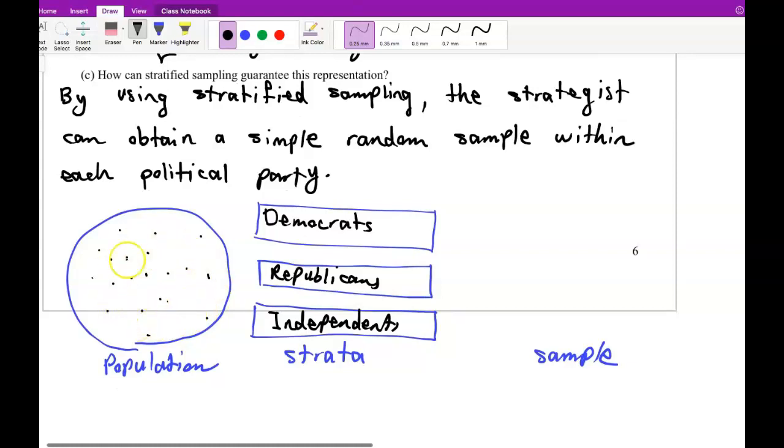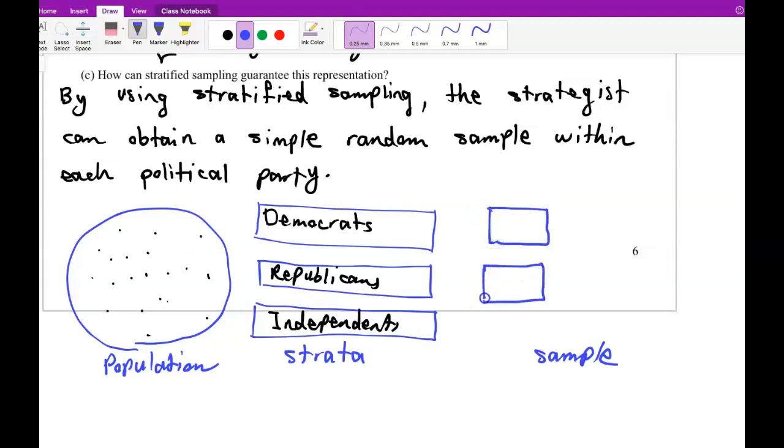So what that means, depending on how many individuals we have here, we divided this population by 3. We don't know how many we have in each group, but when we select our sample, let's say from each one we select the same number of individuals.